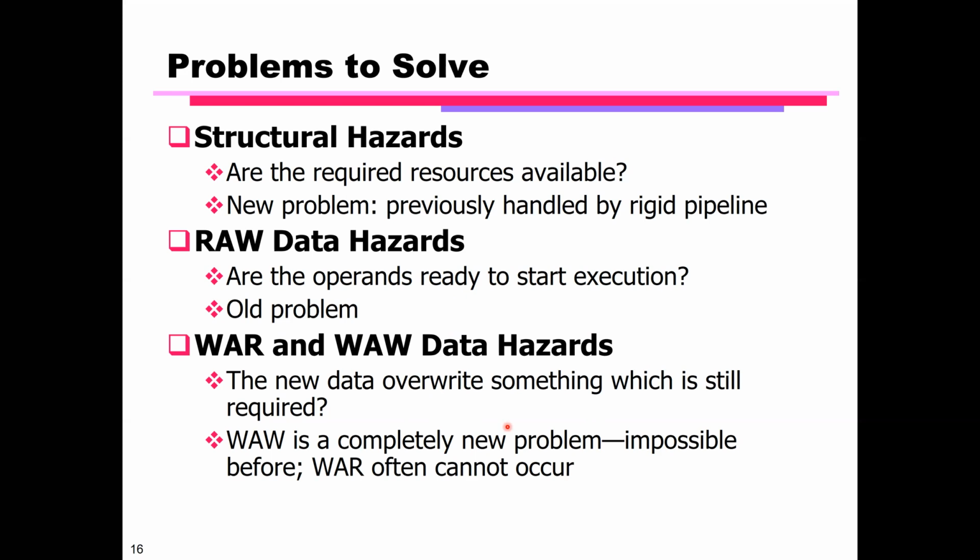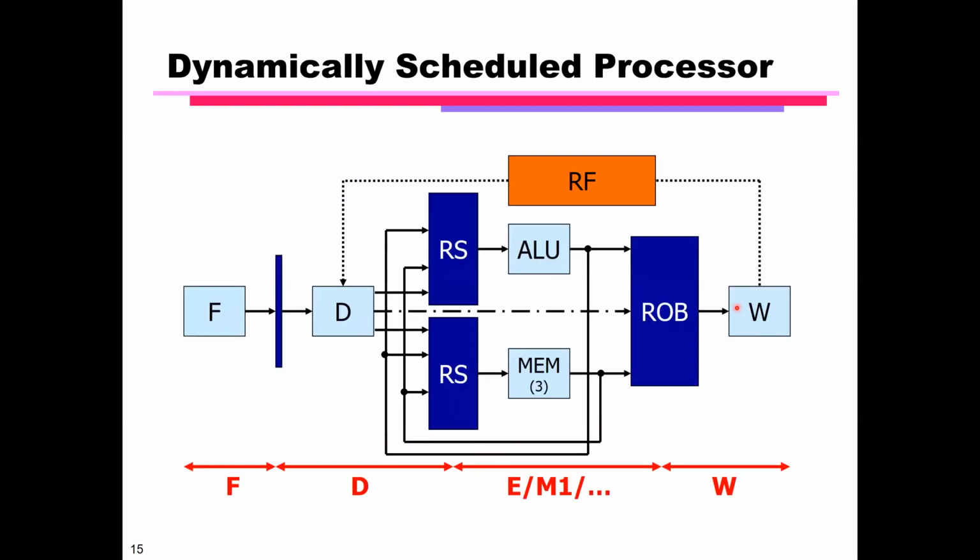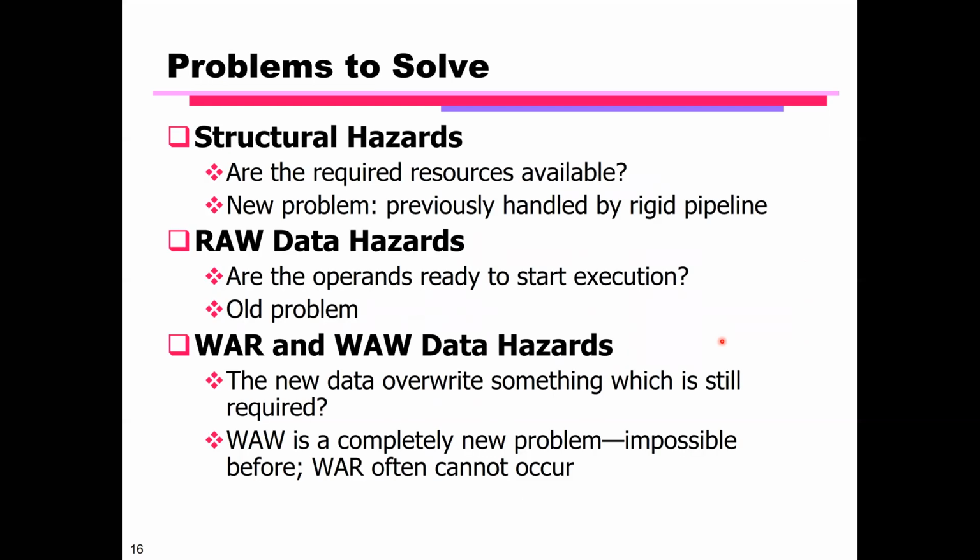Now we have a new problem, which is, for instance, that there are 2 values, one coming from here and one coming from here, that both want to use the write back. So we need to find a way to handle these things properly because they just didn't exist before.